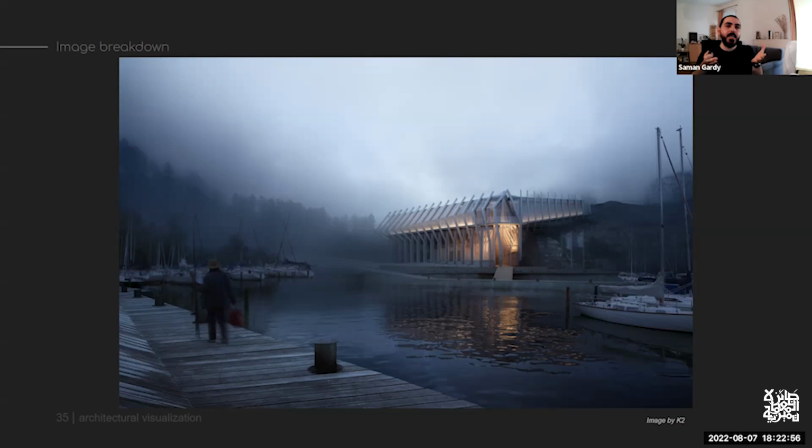3ds Max and V-Ray is the standard for the industry. I would say most of the studios have a workflow using 3ds Max and V-Ray, but of course there are other studios using, for example, Blender. Some of them use Corona as a render engine.